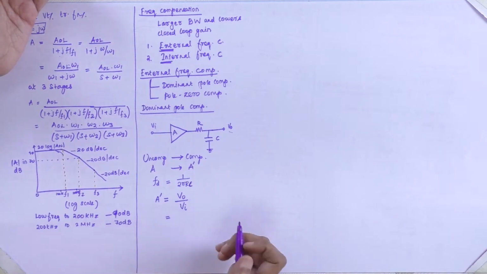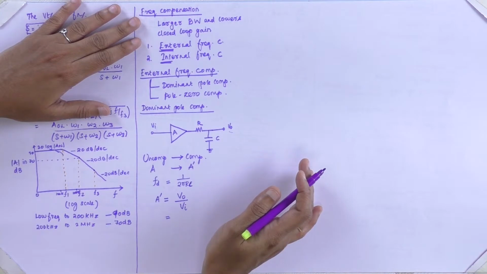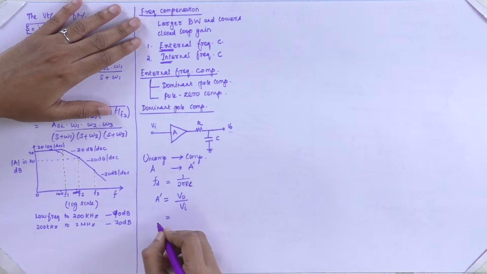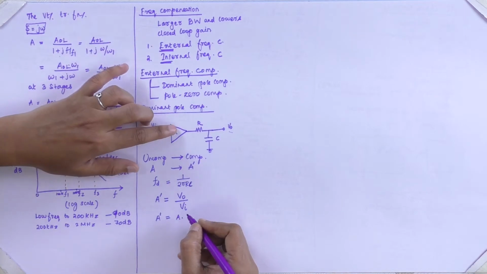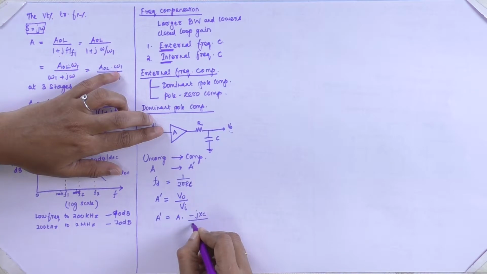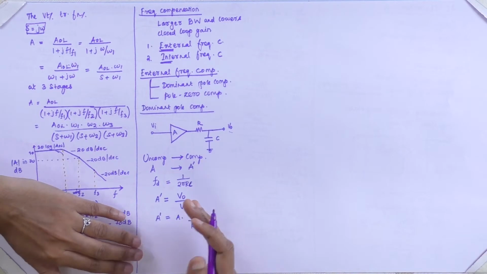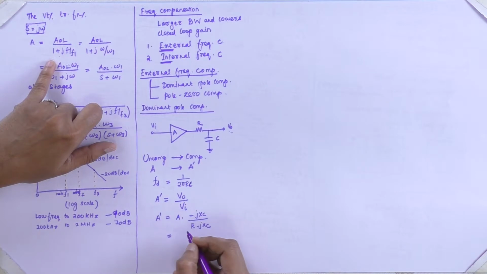Earlier we have the resistor and the capacitive component, so A dash is equal to A into minus jXc divided by R minus jXc. Again I multiply with the j factor, replace with the omega factor and then with the frequency factor. So I can directly write my answer as A by 1 plus j f by fd.